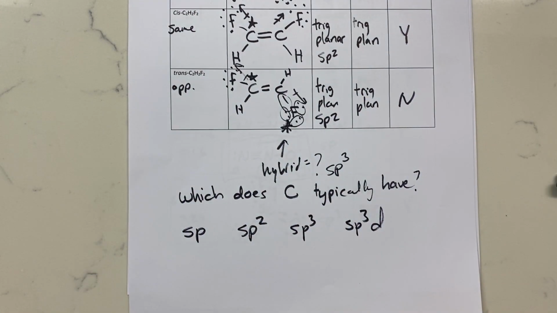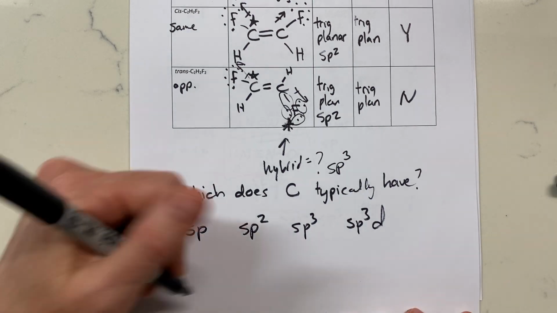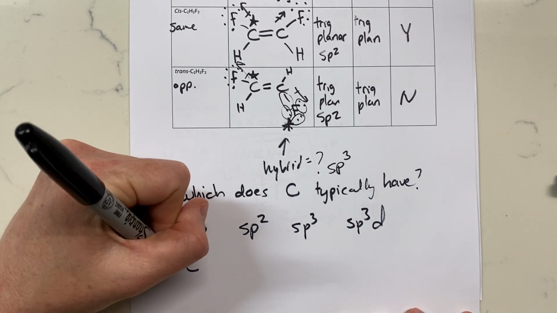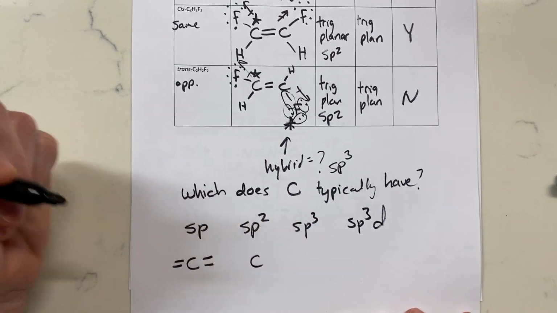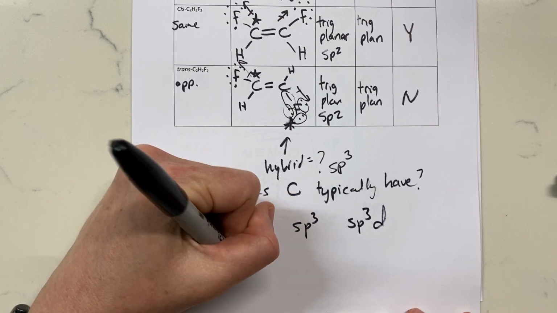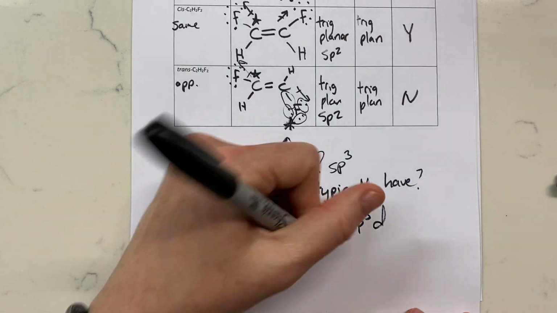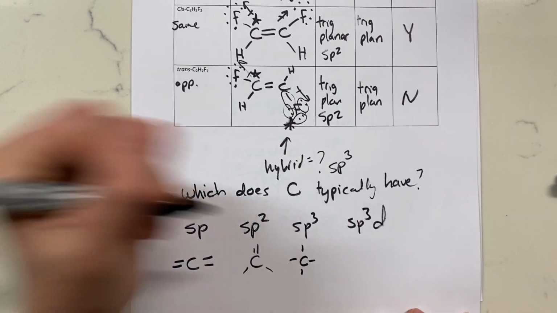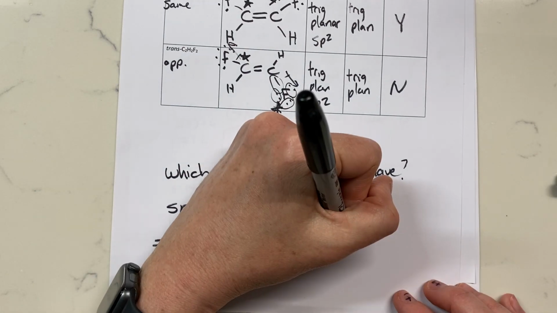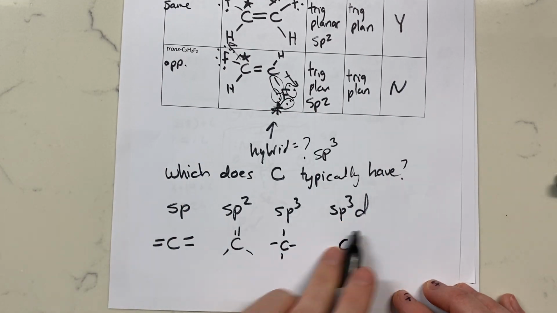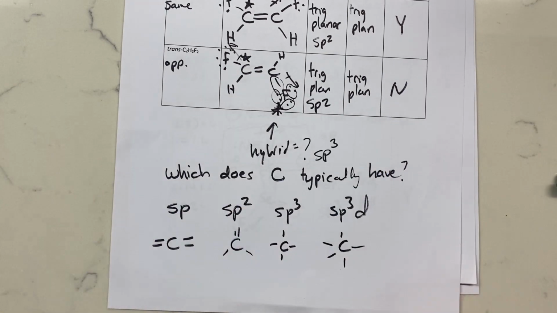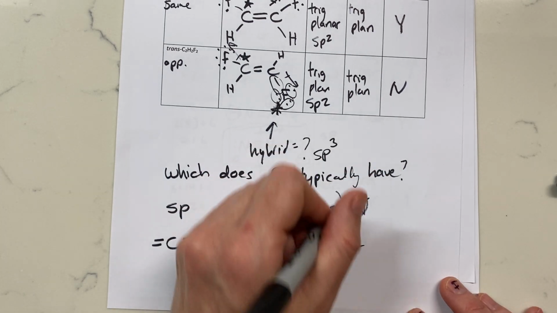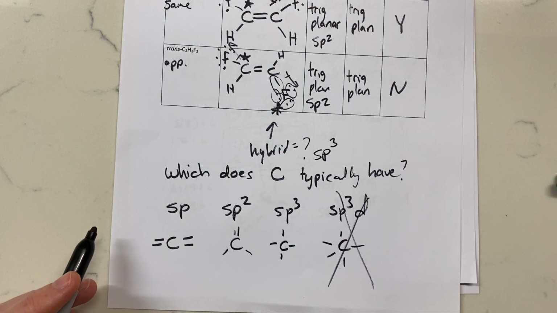Well, an example of a carbon that's sp would be some kind of linear carbon. sp2 would be like a carbon with bonds like that. sp3 would be a carbon with that. sp3d would be a carbon with 5 different electron groups. How many bonds can carbon make? Only 4, and therefore this can't work. So that's another way that I could see a question being asked.